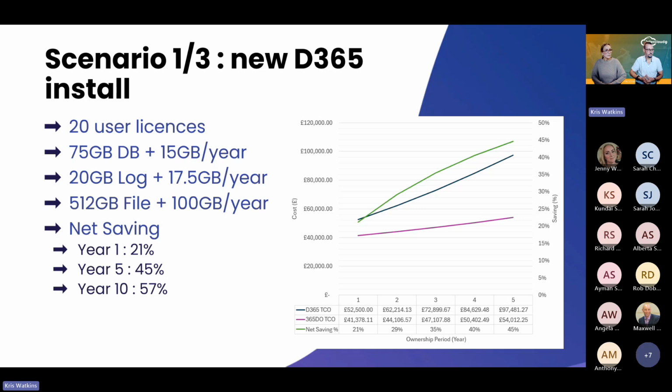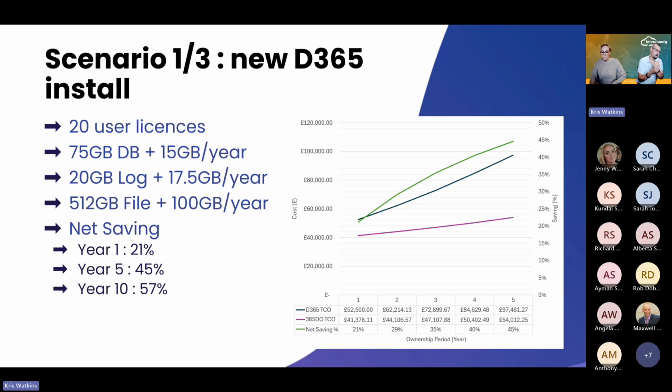I've got 3 different scenarios, and just as an introduction to each of them, we're assuming here that we're applying a 3-year data retention policy to Dynamics, and the rest of the data is moved into the data optimizer. The graphs are all the same, and the information you'll see on the left is pretty much all the same, just the numbers change a little bit.